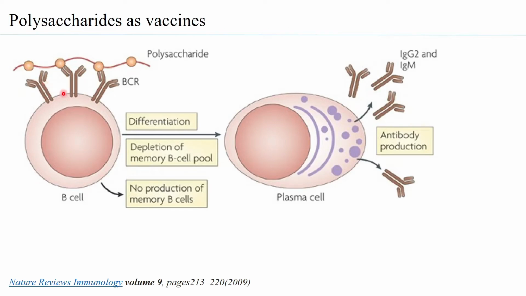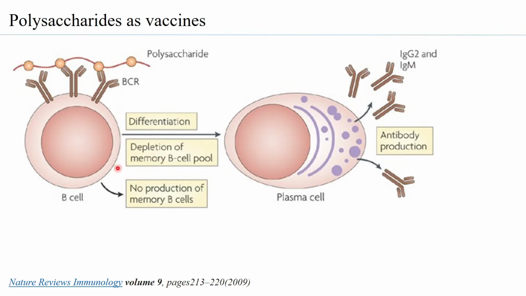Now, there are a few things that have been observed with polysaccharides as vaccines. Number one, a polysaccharide can definitely be recognized by a B cell receptor, but what has been observed is that these B cells, although they can differentiate to form a plasma cell and produce antibodies, and the antibodies are generally IgG2 and IgM type, that is because it is not activating a T helper cell.